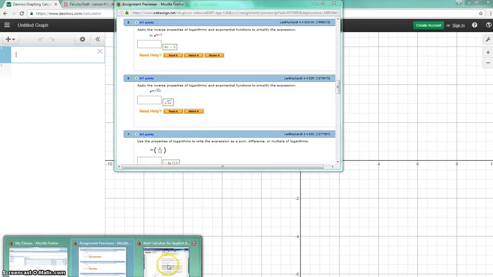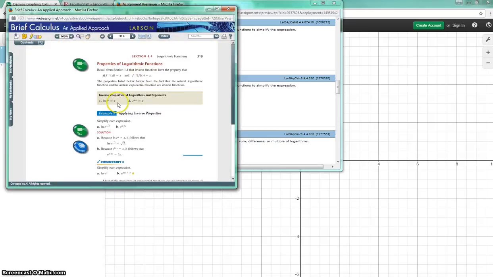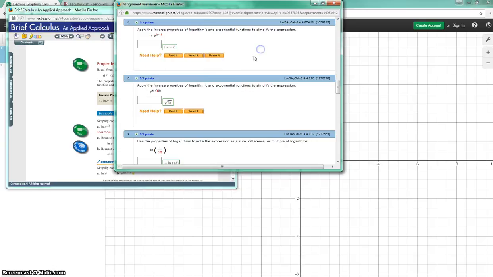So in the text, they have some of these rules for inverse properties of logarithms and exponentials. Also on this page are some of the other rules, where the natural log of a product equals the sum of each individual natural log. And we're going to be using some of these rules to solve.